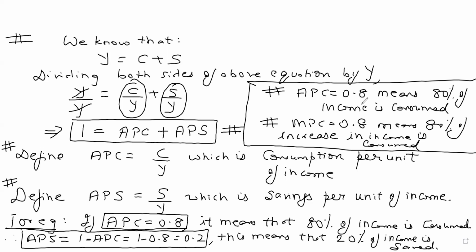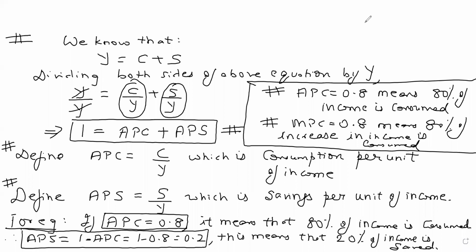But MPC equal to 0.8 means 80% of the increase in income is consumed. Similarly, we can do this for APS and MPS. Okay, now we are going to look at the diagrams for the consumption function and the savings function. I hope all students are clear till here and have no doubts.